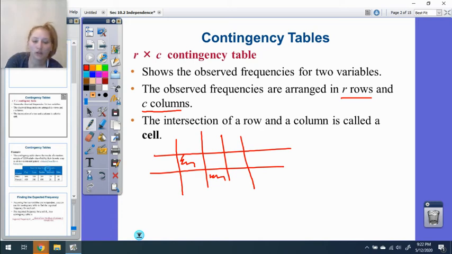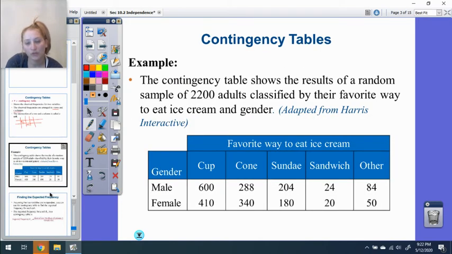So let's look at a picture. This is a contingency table that shows the results of 2,200 adults who classified their favorite way to eat ice cream. That's 1, 2, 3, 4, 5 columns, and their gender, male or female, so 2 rows. The other thing that we like to find with this is our marginal frequency.